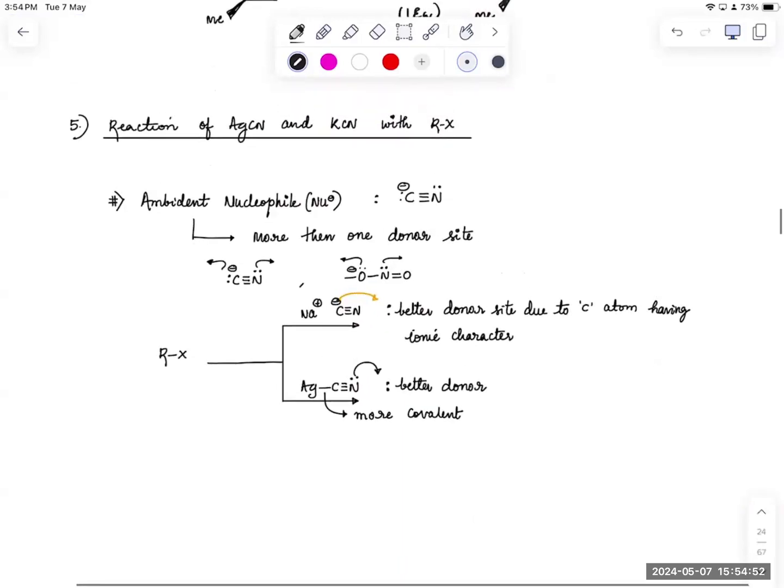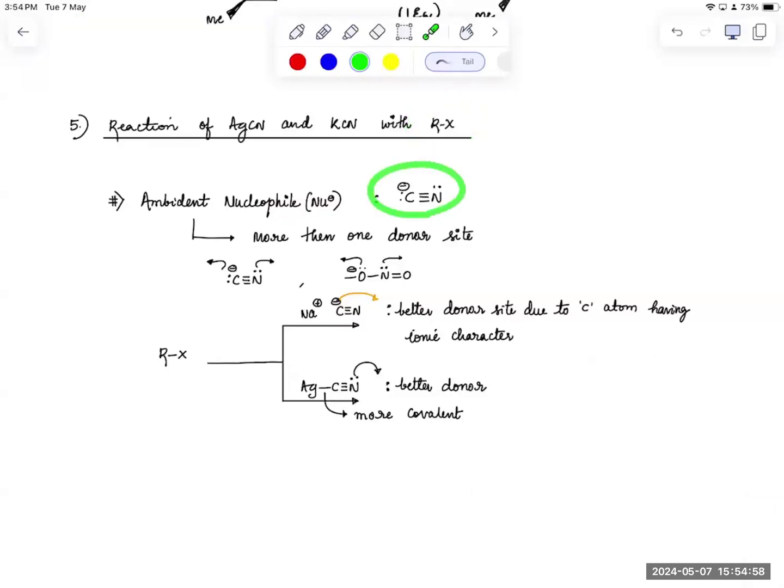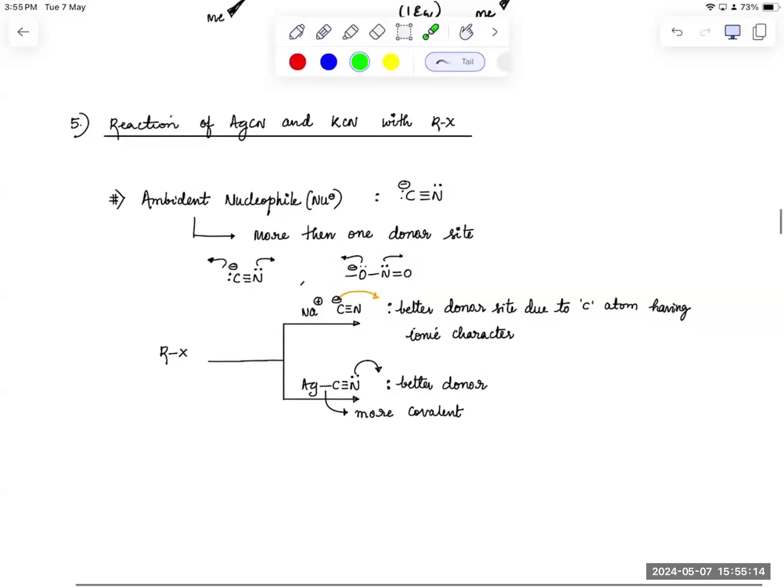Reaction of AgCN and KCN with RX. Now, if you notice CN, CN is an ambidentate nucleophile, which means carbon can attack with a lone pair here, nitrogen can attack with a lone pair here. So this has more than one donor site. NO2 is also an ambidentate nucleophile. O can attack here, nitrogen can attack also.